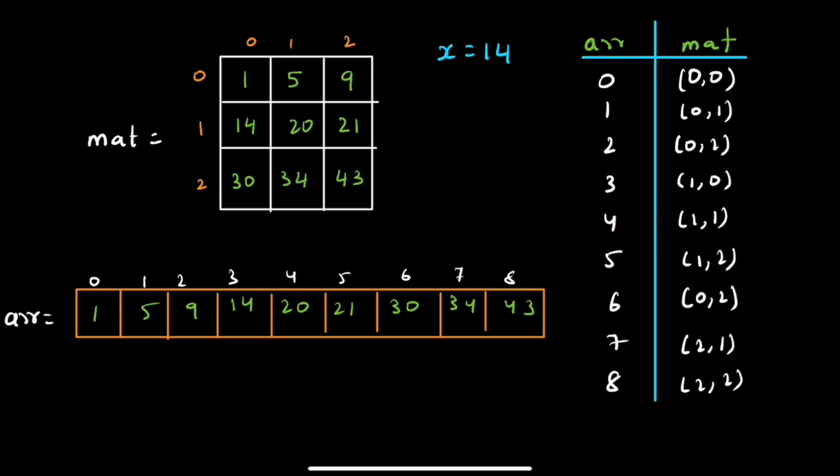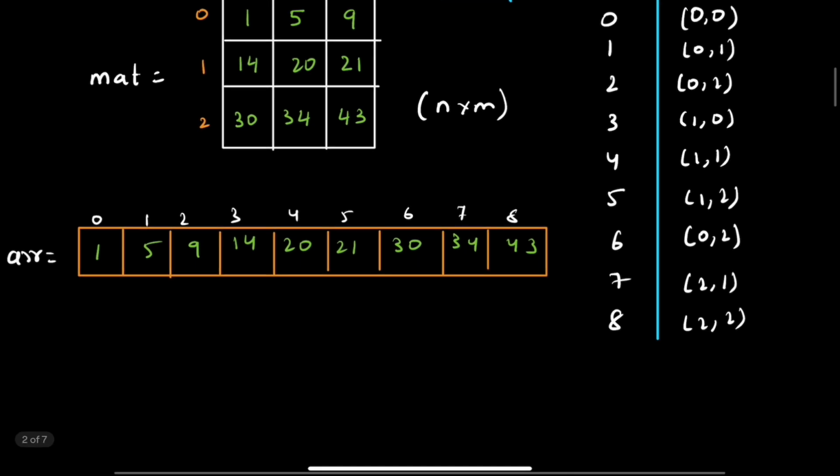It is not intuitive, but it is a trick which you can use not only in this problem, but wherever you need to get the indices of a 2D array in terms of a 1D array. Suppose the matrix size is n cross m. So how to get the row?